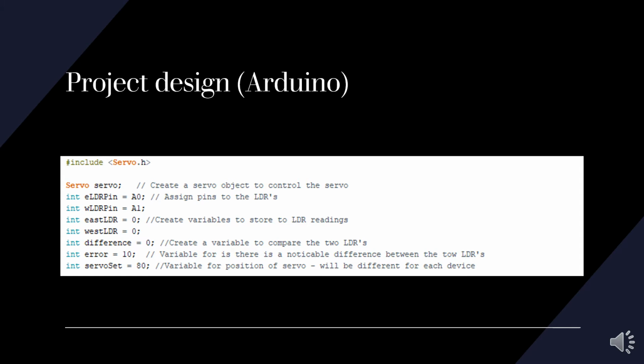Then east LDR and west LDR are variables that store the LDR readings, and there are also the variables called difference, error, and servo set. The difference is a variable to compare the two LDRs, and the error is a variable to notice the difference between the two LDRs. Servo set is the position of the servo.